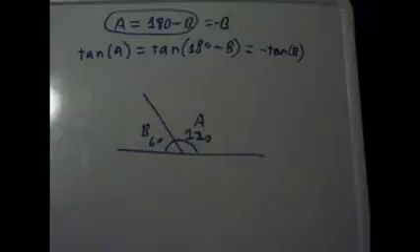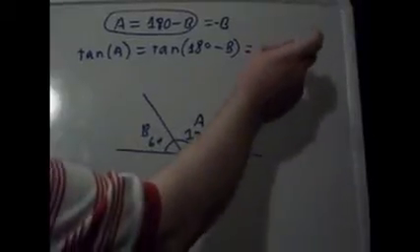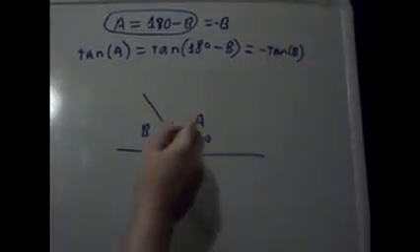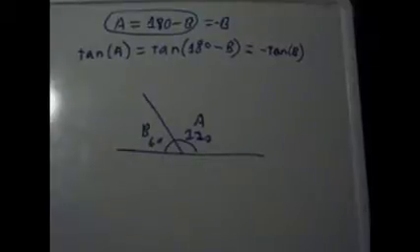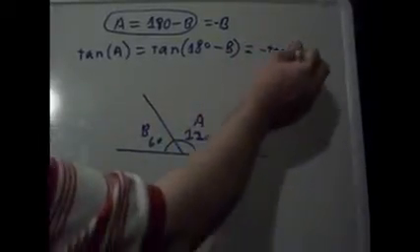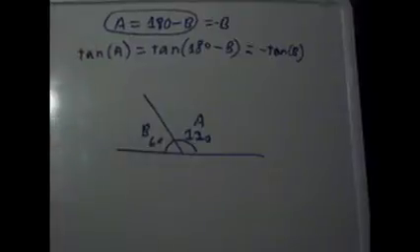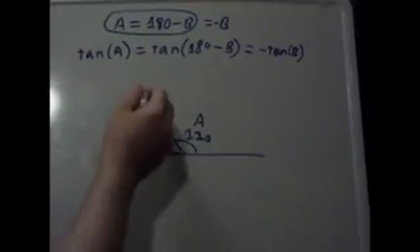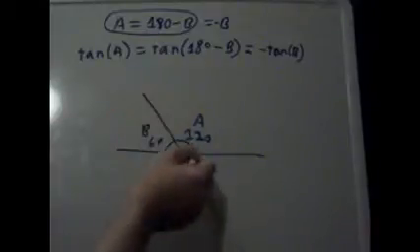So like I said, you're not trying to find the value of B. You're not trying to find 60 degrees. You're trying to find the tangent value of B, which is a completely different subject. And once you've found it, you turn it into a negative, and it becomes the tangent value of A. Because this line does not change in length.